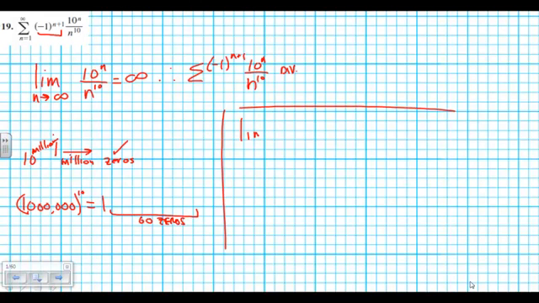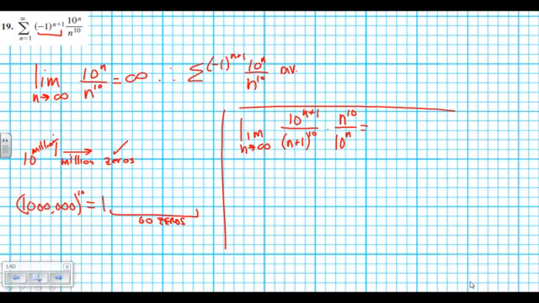So let's look at the limit as n approaches infinity of 10 to the n plus 1 over n plus 1 to the 10th, and then n to the 10th divided by 10 to the n.